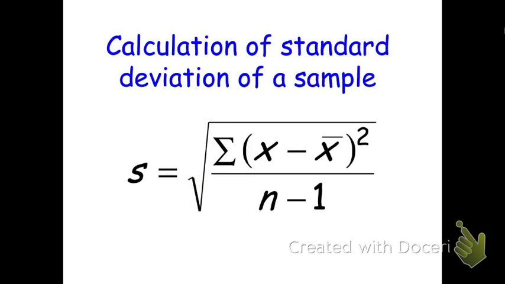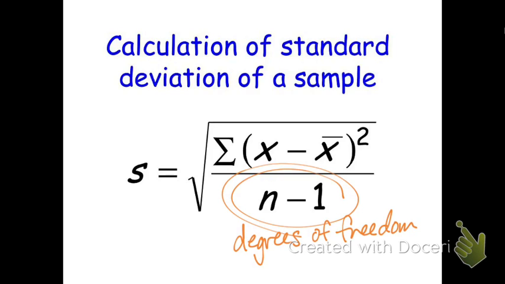So this is the formula. Remember I said that you don't have to have that memorized, but the reason why I show it to you is because of this denominator right here, the n minus 1. We call that our degrees of freedom.